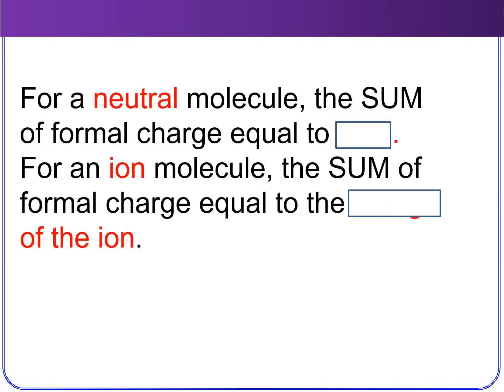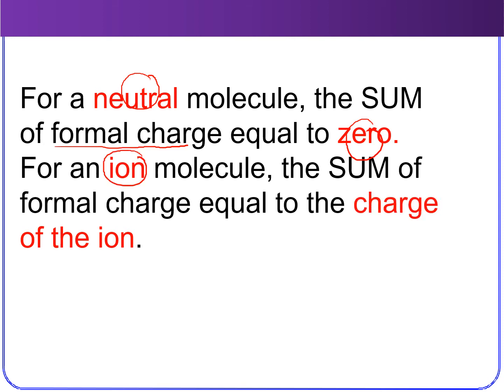Okay, this is just a very quick summary. Do remember, for a neutral molecule, the sum of the formal charges will always equal 0, while for an ion, the sum of the formal charges will always equal the charge of the ion. We will continue with the next example in tutorial 7 later, but generally I just would like to let you know.